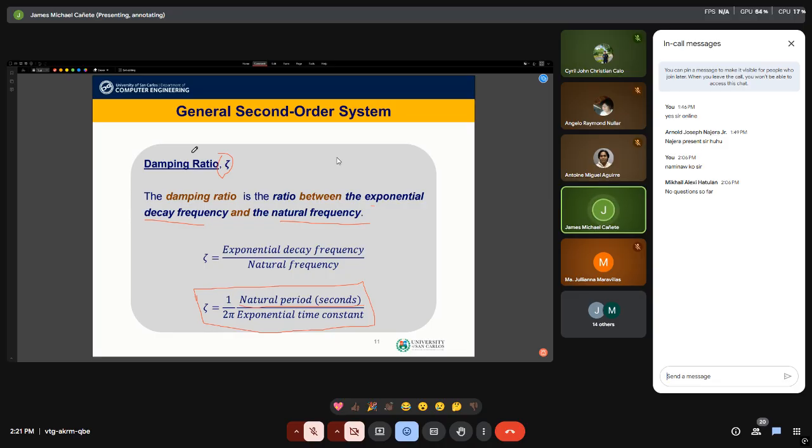And natural frequency is converted from degrees to radians. So nahimo siyang natural period. So 1 over f is equal to T. So mao siya the new definition now. Another definition of zeta is this one. So mahibawan sa na nato. You will figure out later on asa diin yung natural period, asa diin yung exponential time constant mathematically.